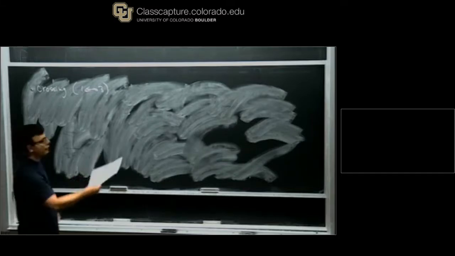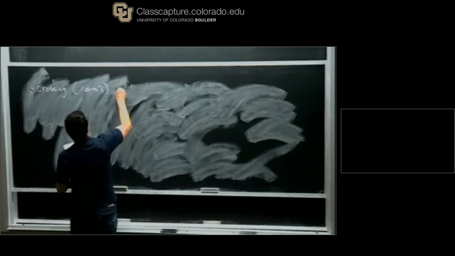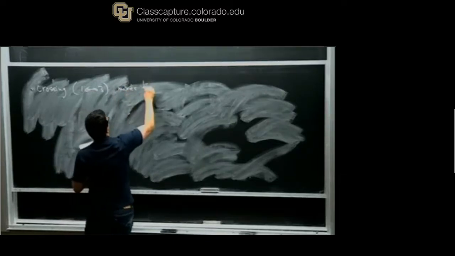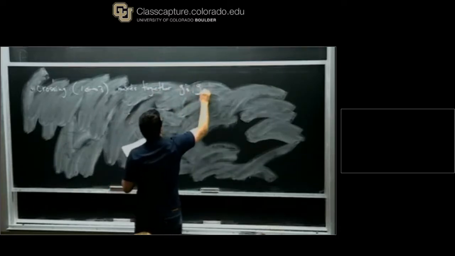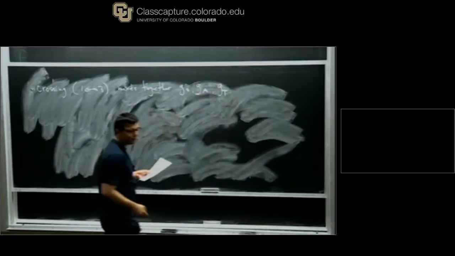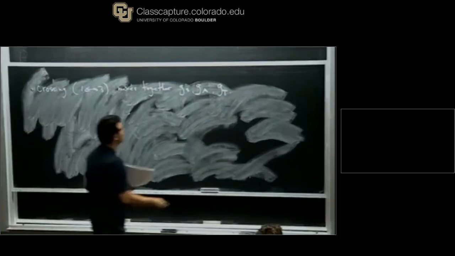In this case, we have three functions, g_S, g_A, and g_T. So crossing will mix together g_S, g_A, and g_T, and we get three crossing equations.